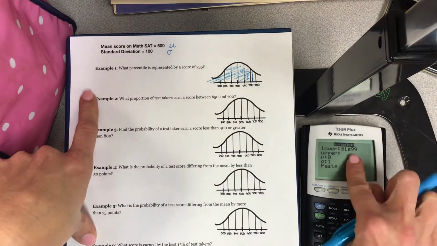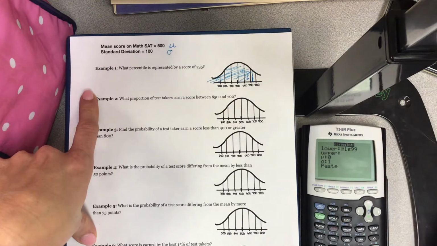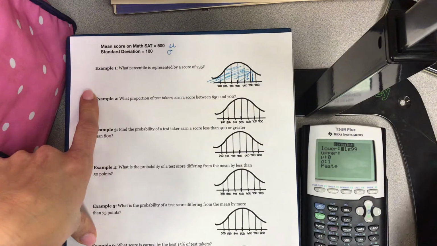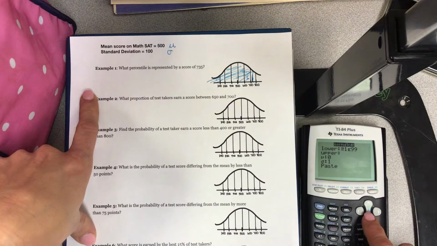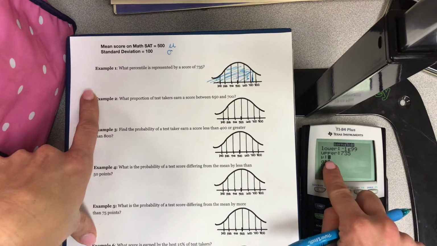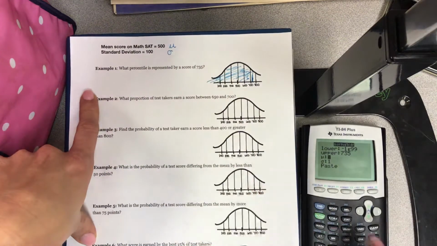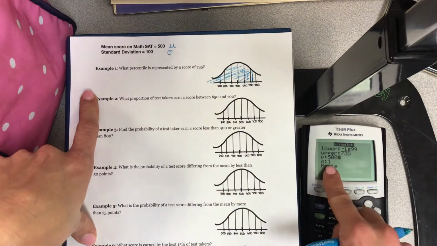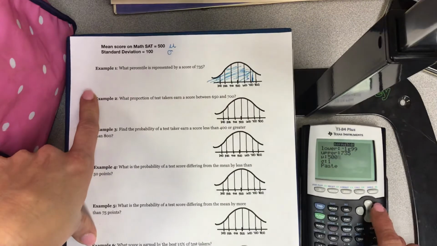So this automatically gives us a lower bound of -1 times 10 to the 99th power. You could do -100, or you can leave it as that. But we do have an upper bound of 735. The only other information we need is our mu, our mean, which was 500, and our standard deviation, our sigma, which is 100.